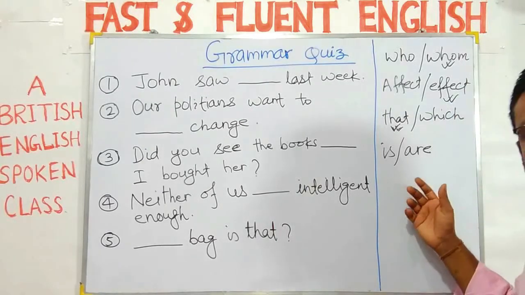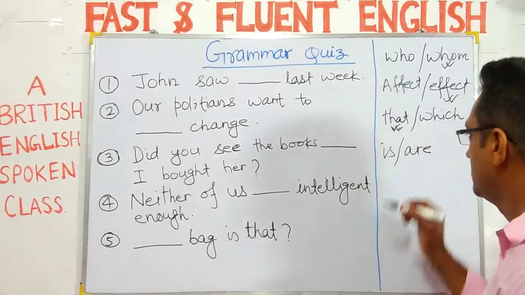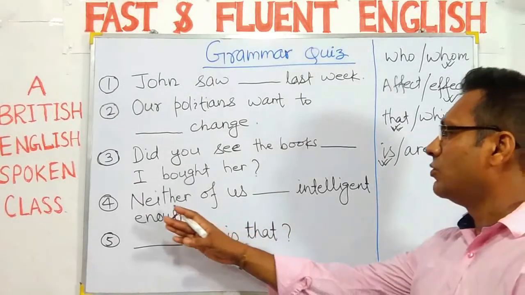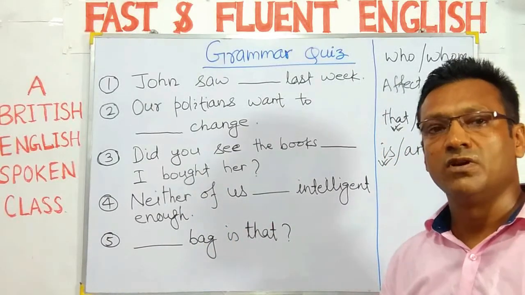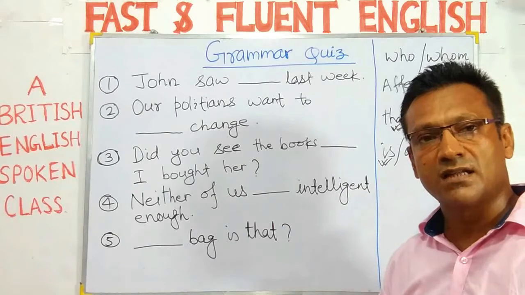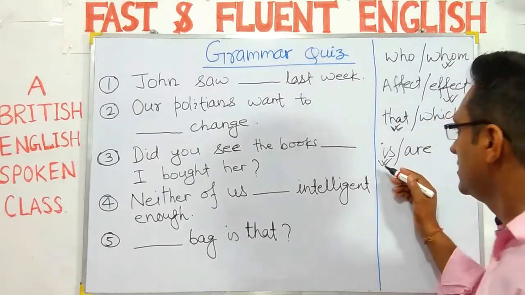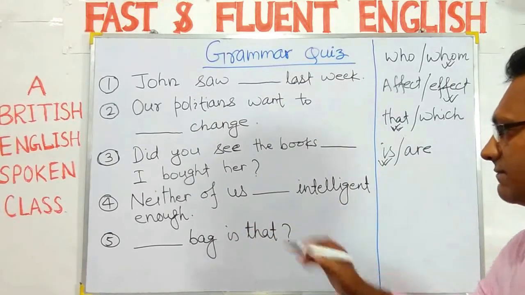And the correct answer is. क्यों? क्योंकि neither के साथ हमेशा हम सिंगुलर वर्ब यूज करते हैं. That's why neither of us is intelligent enough.